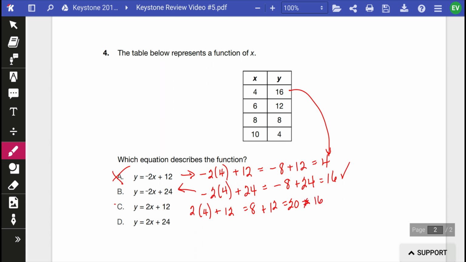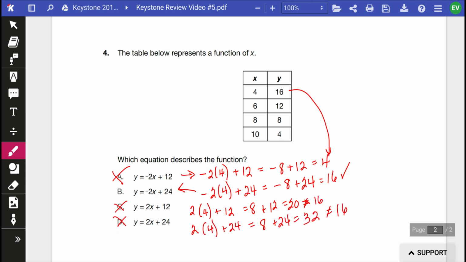So that C is not correct. Then we have 2 times 4 plus 24. 2 times 4 is 8 plus 24, which gives us 32, which is not equal to 16. So D should not be correct.